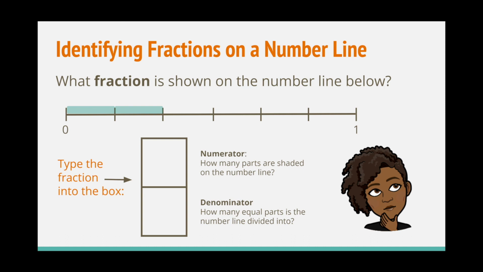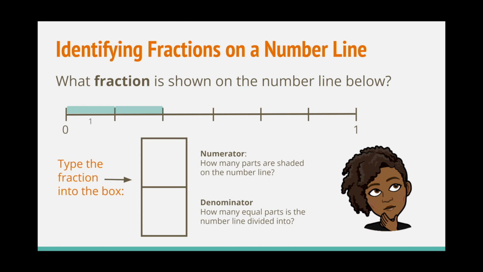Identifying fractions on a number line. What fraction is shown on the number line below? So I want you to think for a minute. What fraction does this show? Do you know the numerator? Do you know the denominator? Alright, I'm going to show you. I'm going to count how many equal parts are on this number line first.